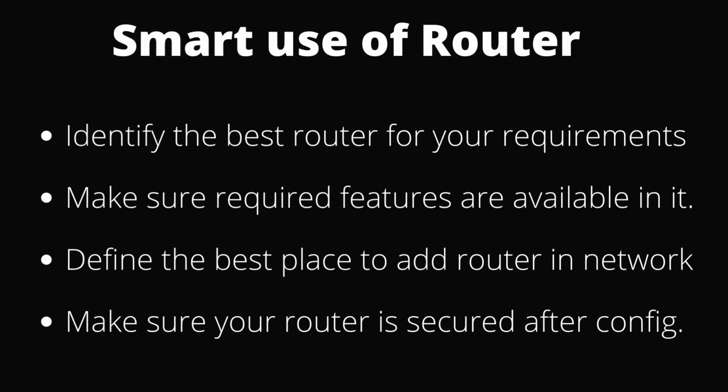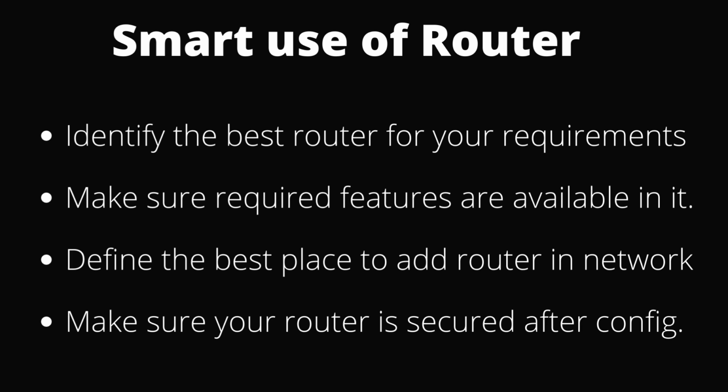Or do you want to terminate your ISP on that router, not on the firewall? It depends upon your requirements. It is not a straightforward answer. It depends on how you are going to design your network. On that basis, you need to define the best suitable place to add a router in your network.